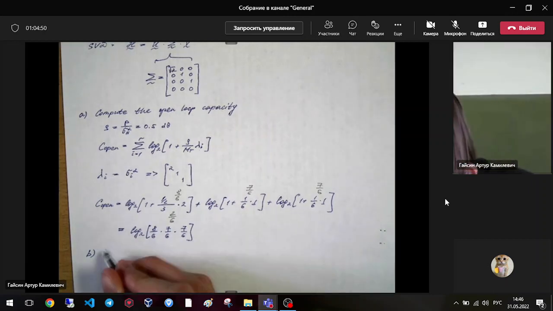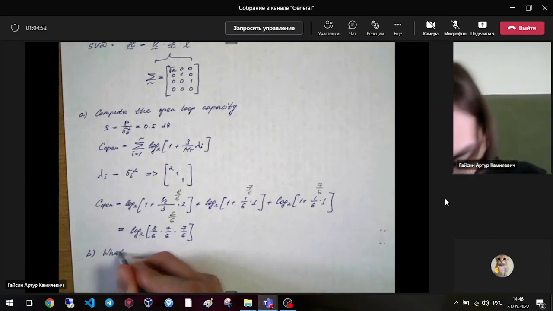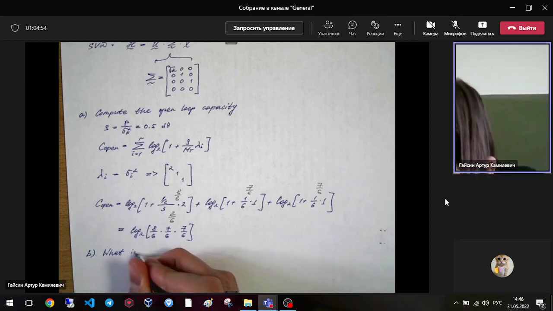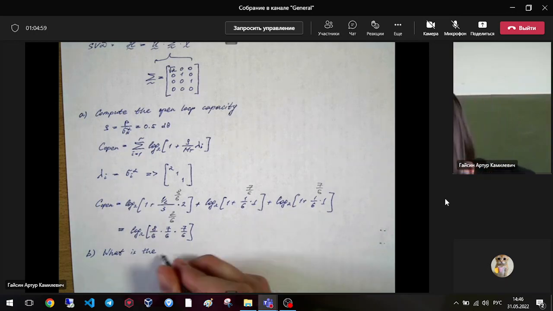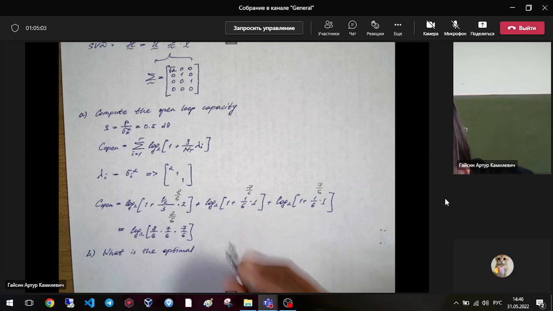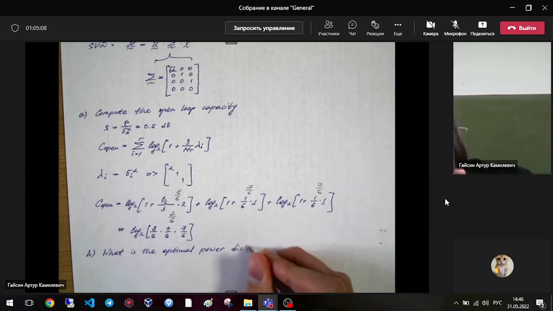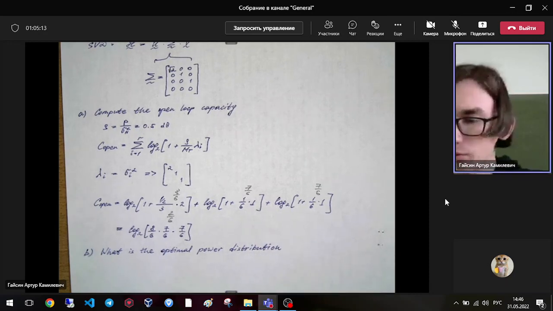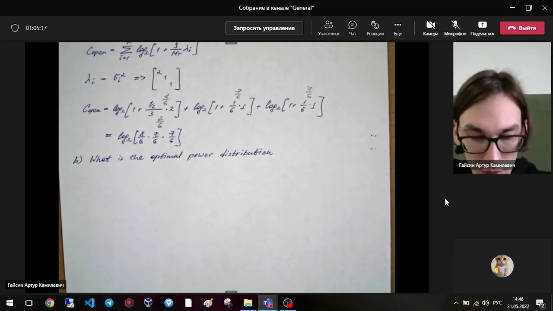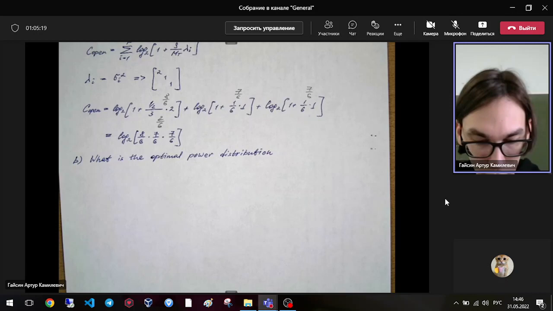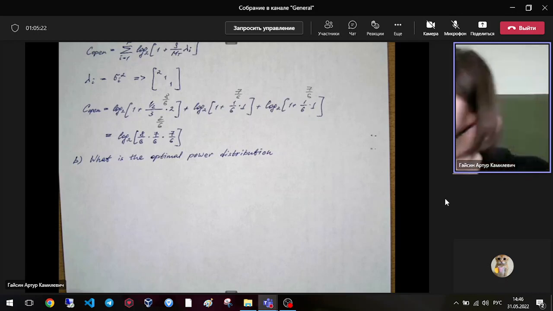So, second subtask, what is the optimal power distribution? Power distribution across these 3 eigenmodes.